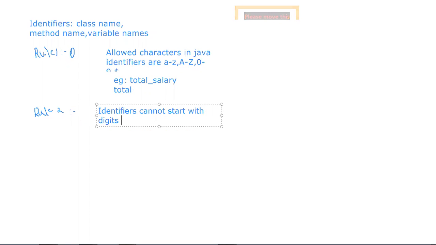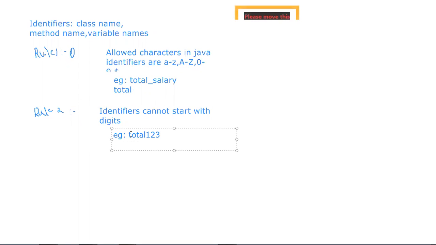For an example, I can write total123 as my variable name, but I can't use 123total. This is not allowed. I can only use the first form. Even in this case, I can use underscore in between or anywhere I want.